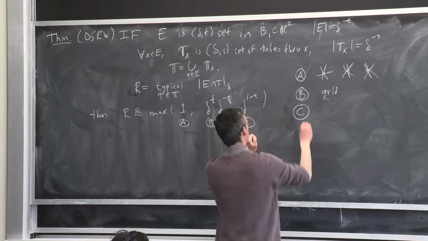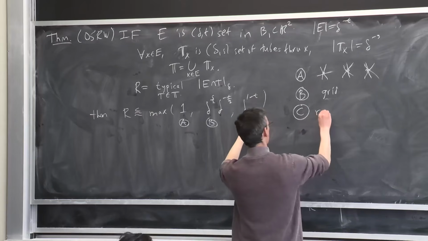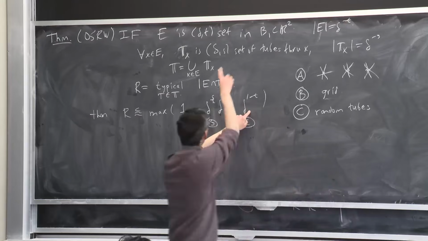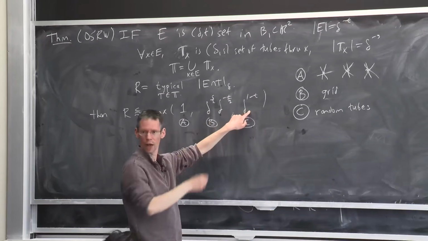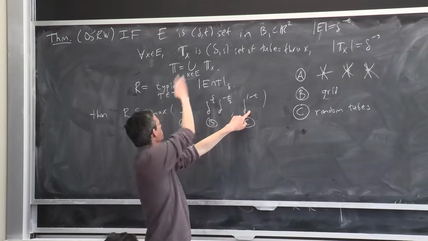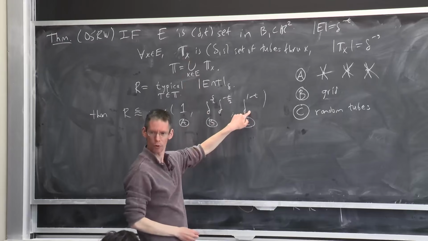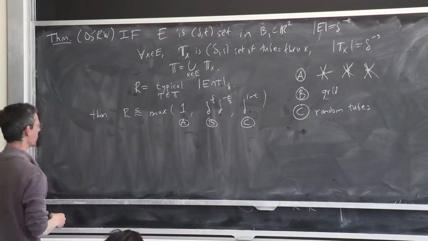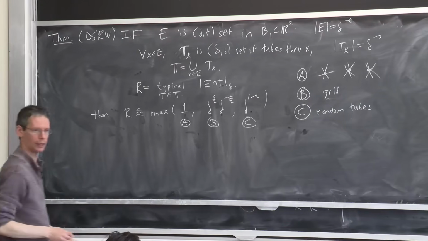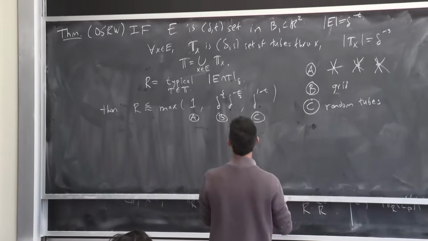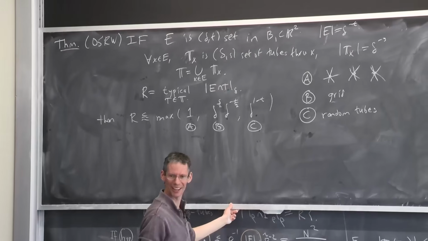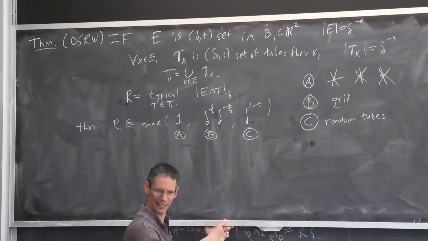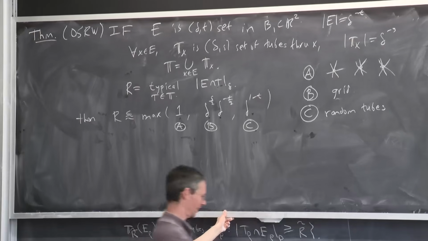And C is the regime where random tubes, if this set E is really large, a random tube will hit a lot of points of E. And this set T certainly could be made out of random tubes. OK. So that is the theorem we're trying to prove. And we have developed many techniques and tools to work on this theorem. And we have proven many cases of it. And let's document that.